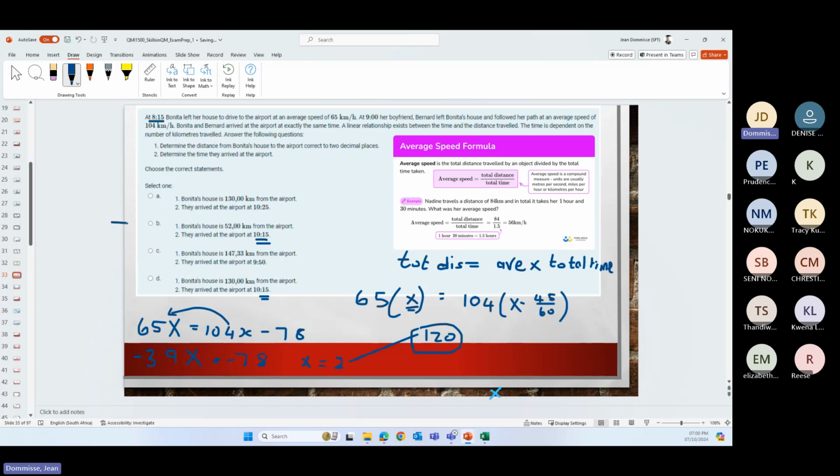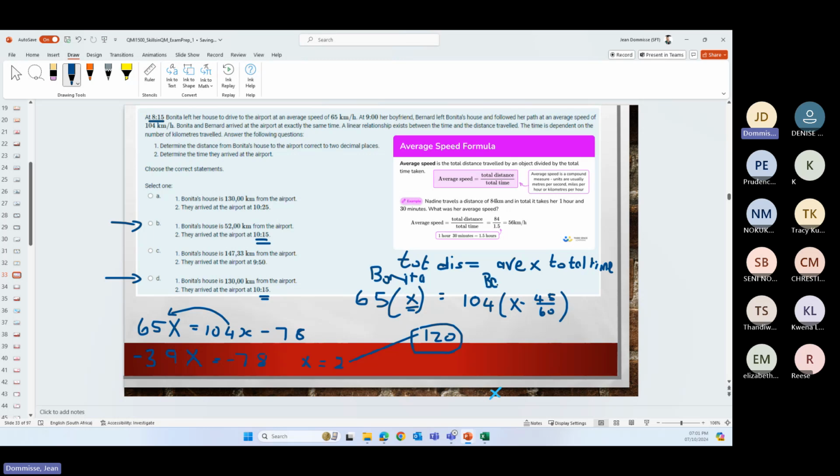So we now have two that we need to pick out of. But again, we've used that average speed is equal to total distance divided by total time. Then to get total distance, I said it's average speed times total time. And then I just looked at what Bonita did and what Bernard did.